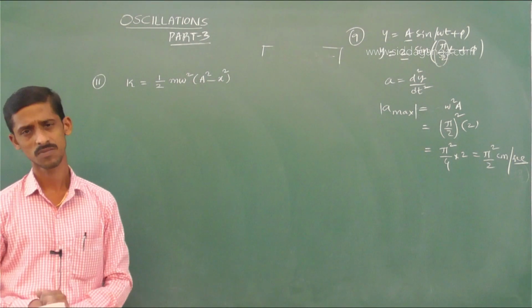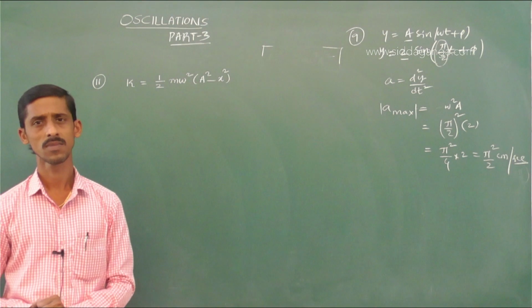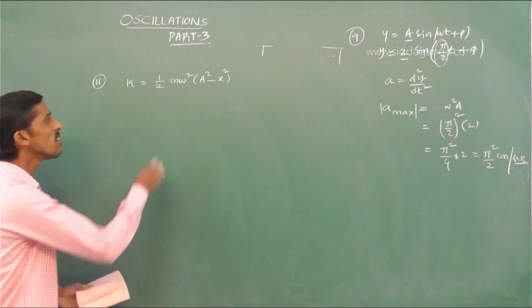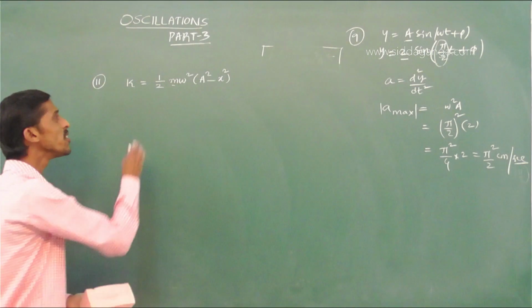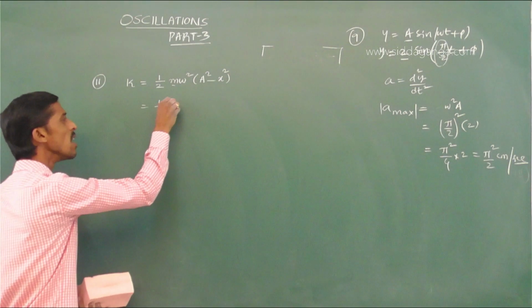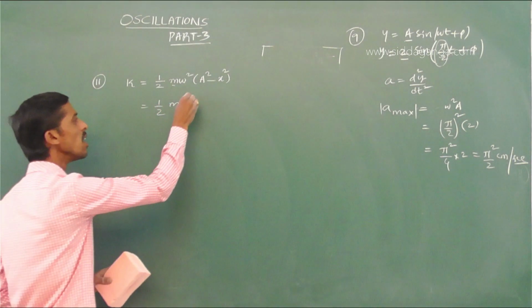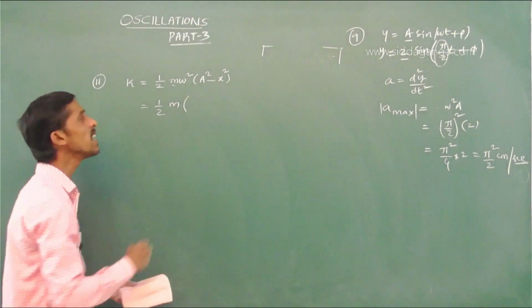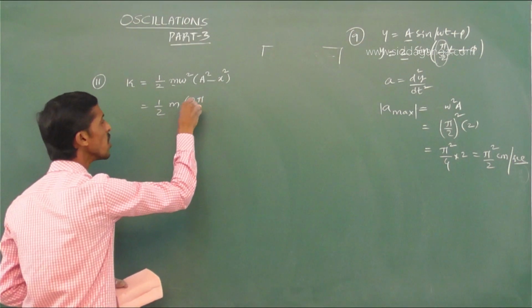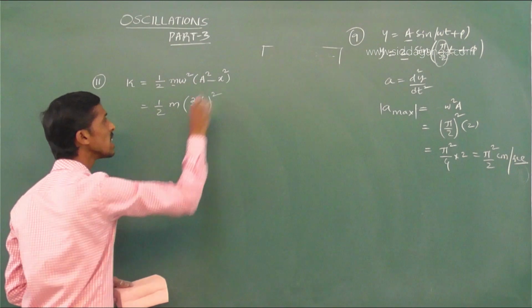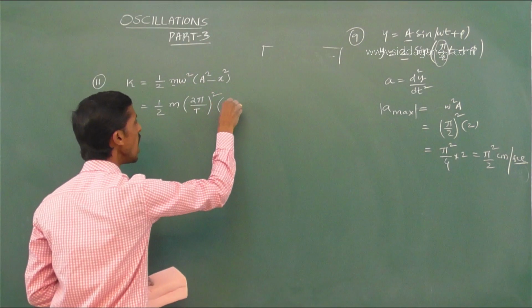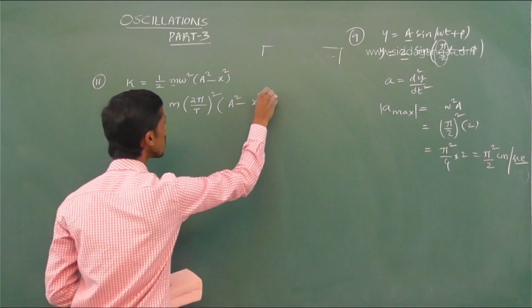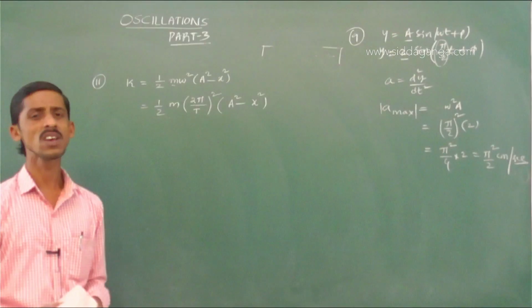Everything is there. Mass is given, omega is not mentioned, so instead of omega, time period is given: 2 pi by T, squared, into amplitude and position, which are given.